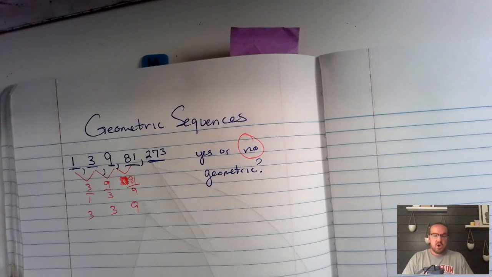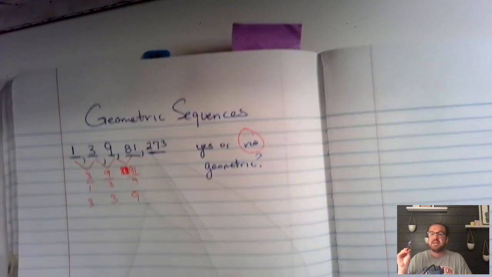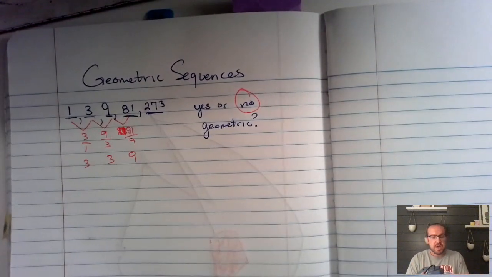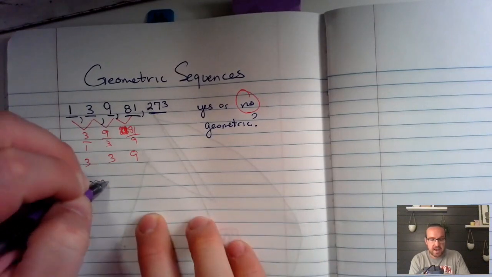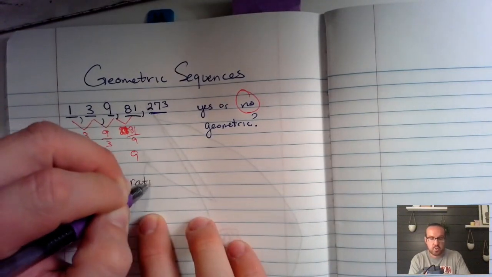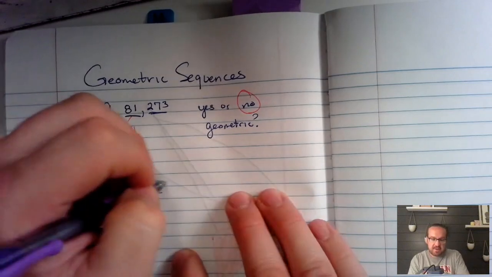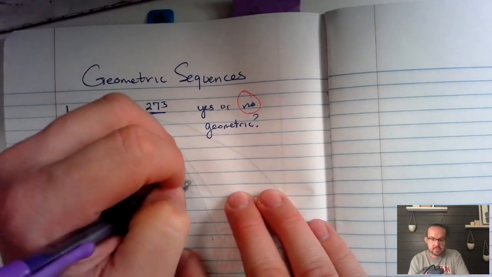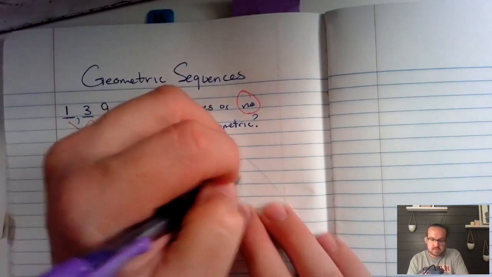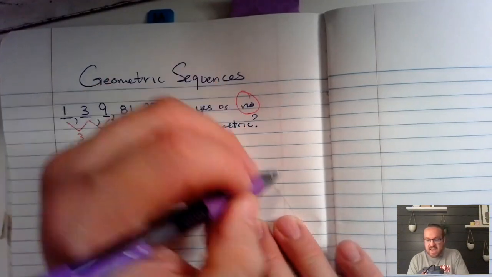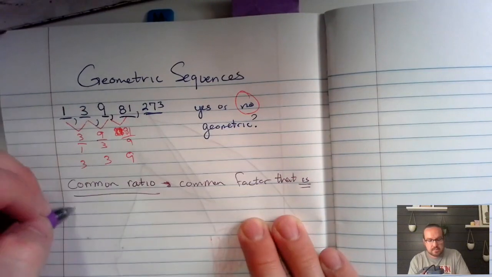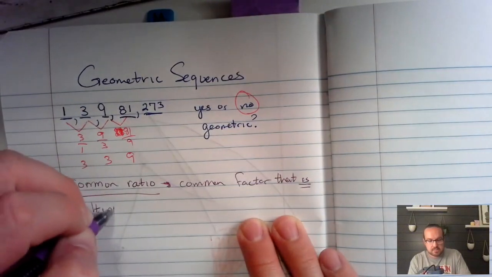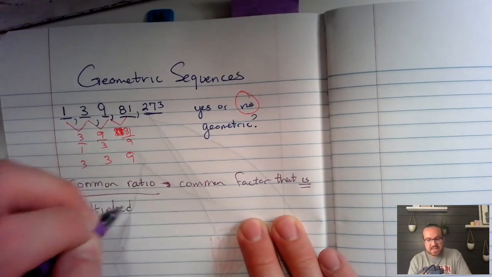Okay? We'll give you a definition here. We've had the word common difference for arithmetic, but this word right here is what we use for geometric. So the common ratio is just the common factor that is multiplied to get to the next term.